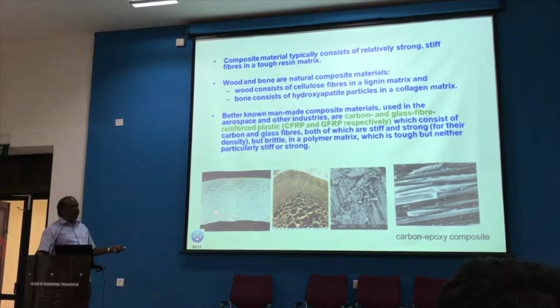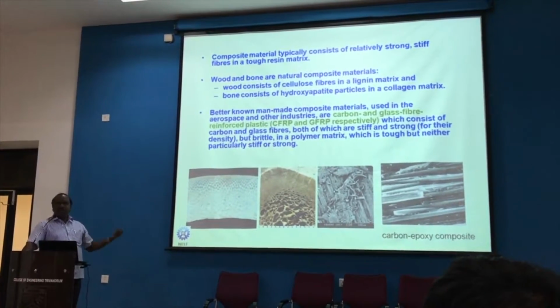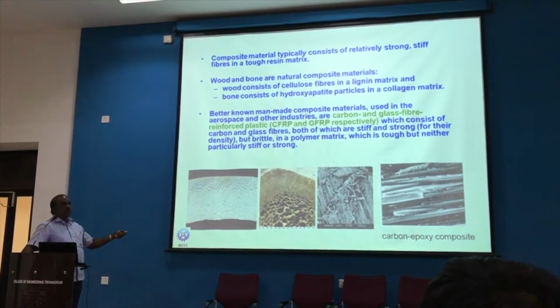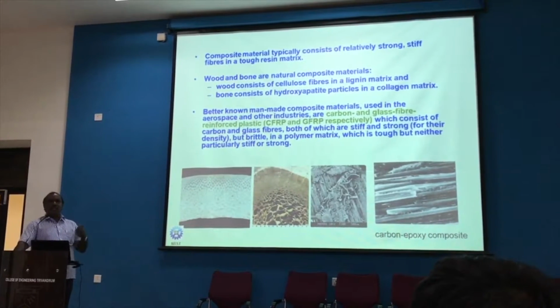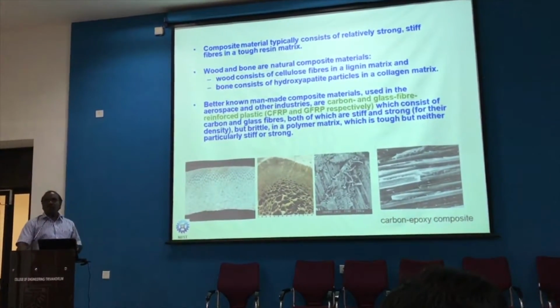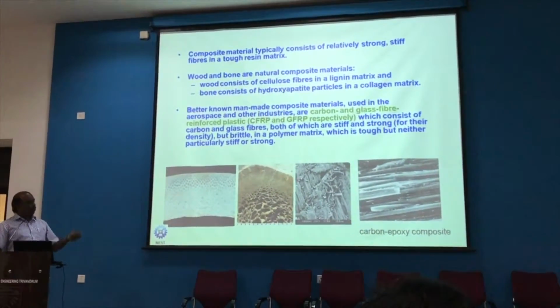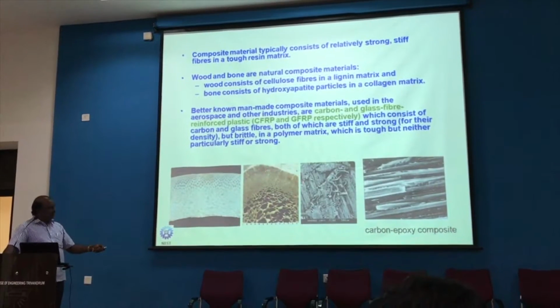So this is a type of functionally graded material. That means in the same structure itself you have two different functions. The outer function is as a load-bearing material, which can withstand any type of load. The inner has the functional role of transporting the liquid and minerals from the root to the top. Again, you take the bone.